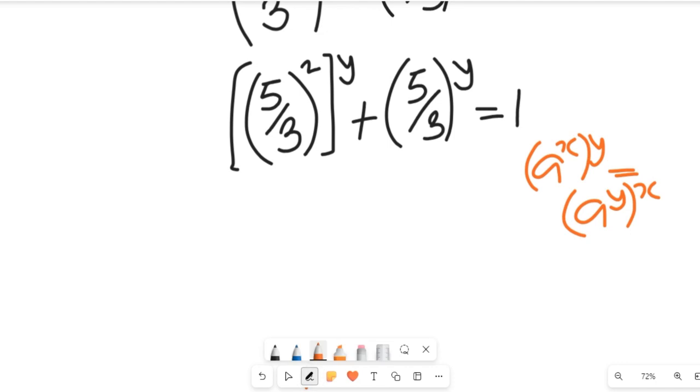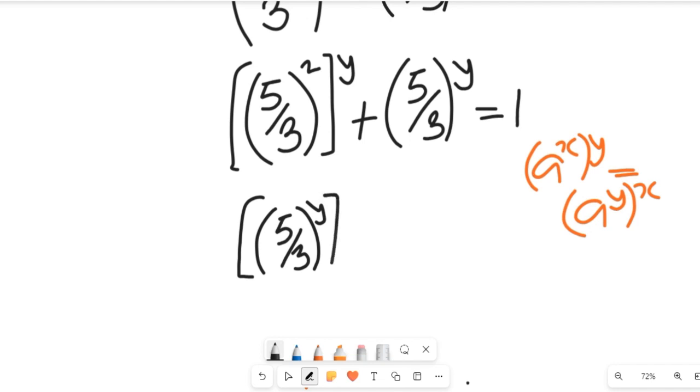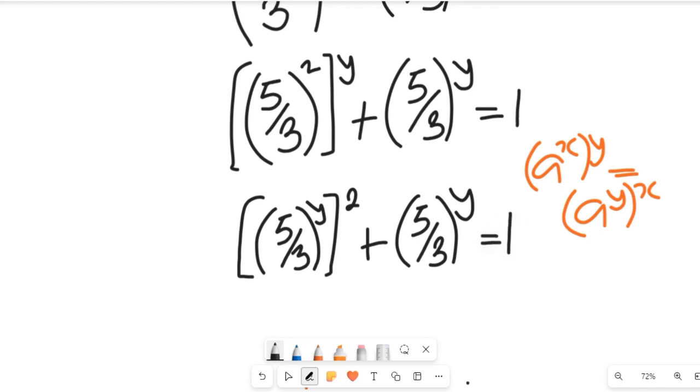So if we apply that to that equation, that expression will now give us (5 divided by 3) all to the power of y, all squared, plus (5 divided by 3) all to the power of y, and this will be equal to 1.